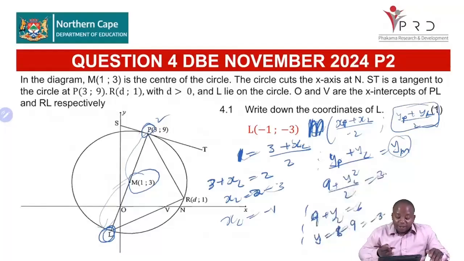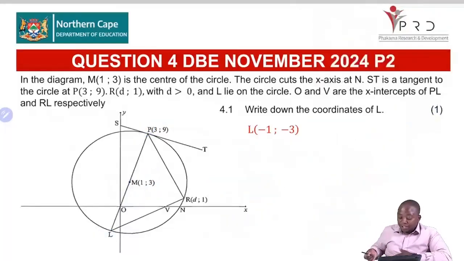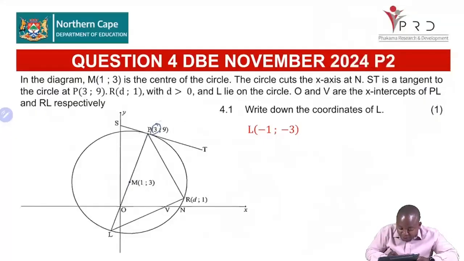Or we can find this using transformation. How can we find L by transformation? We know the x value moves from 3 to 1 in this case. So how many units did I move from 3 to 1?